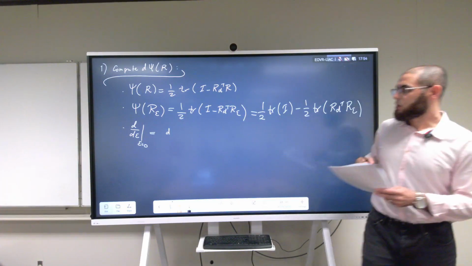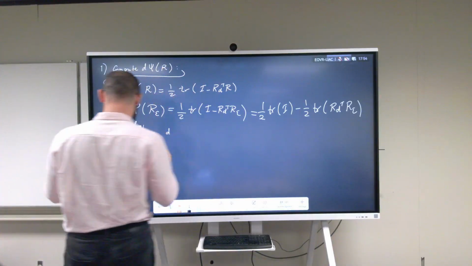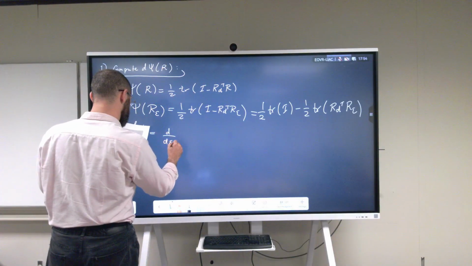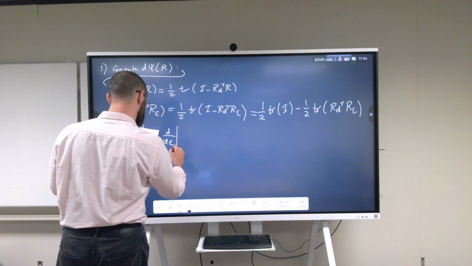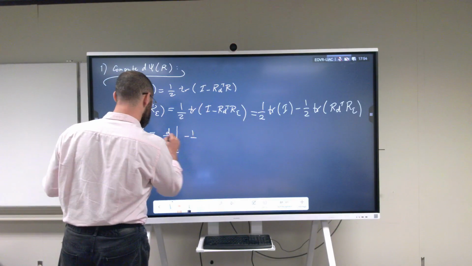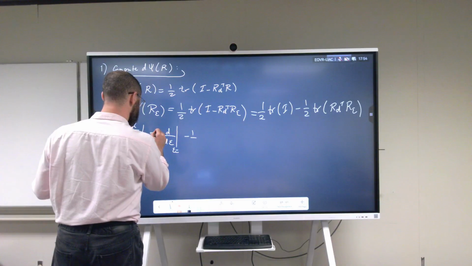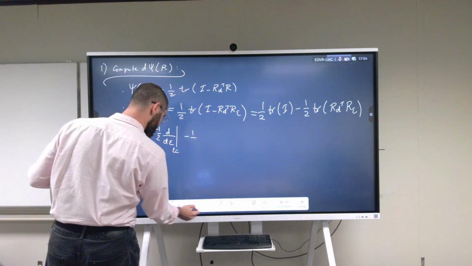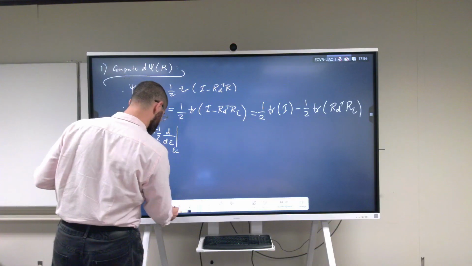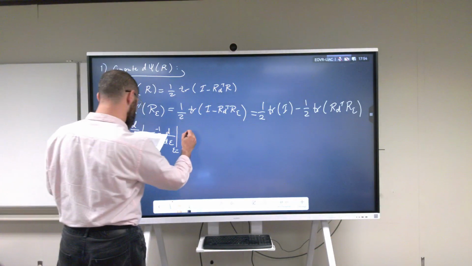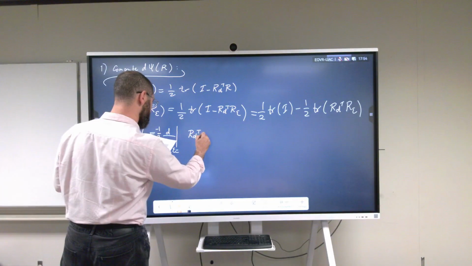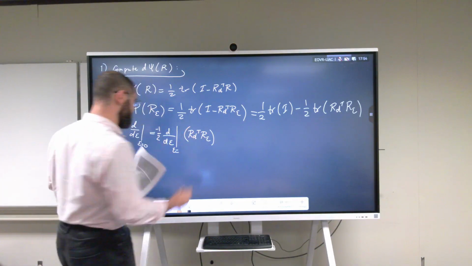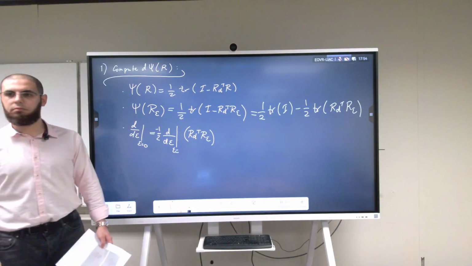Okay? So I want to differentiate minus half, let's put the minus outside. All of it is just a constant. And then I'm left with R desired transpose R epsilon. Make sense?